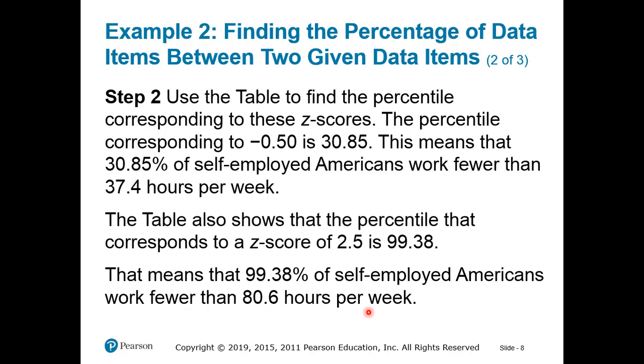So if we want to know what percentage of self-employed Americans work between 37.4 hours per week and 80.6 hours per week, then we take this percentage and subtract off this percentage.